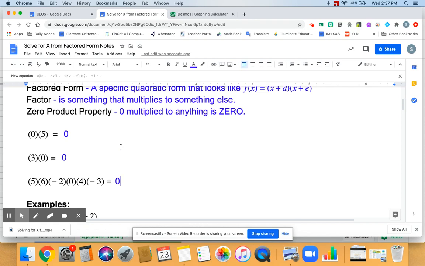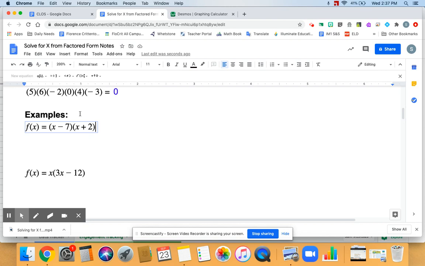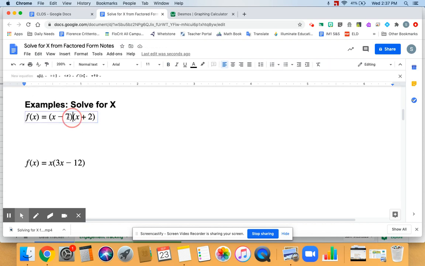And the reason why that matters is because if I want to try to solve something like this for x, so let's say it says solve for x. Well, my problem right now is that it's this parenthesis times this parenthesis. So let's say I go ahead and make my equation equal 0 like I'm supposed to.